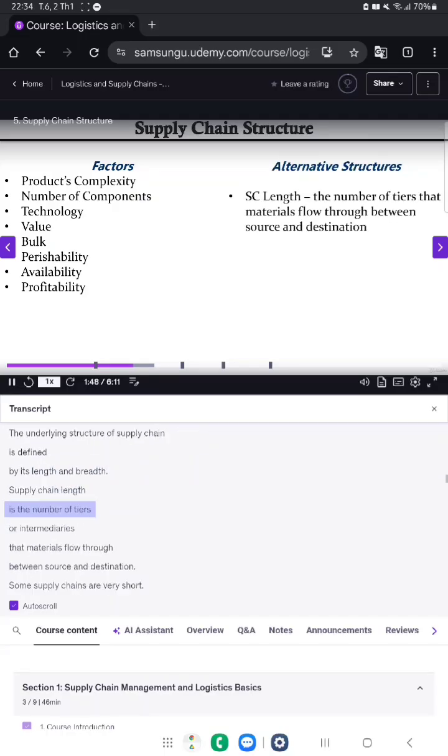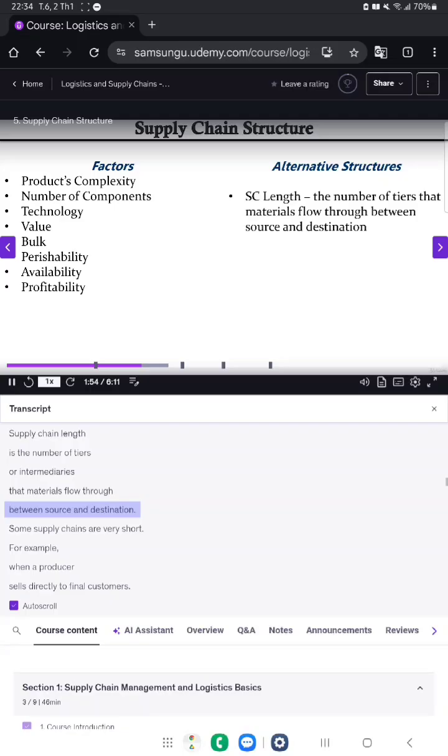Supply chain length is the number of tiers or intermediaries that materials flow through between source and destination. Some supply chains are very short, for example, when a producer sells directly to final customers, and other supply chains are very long, perhaps with intermediaries connecting several stages of manufacturing and distribution through a series of logistics centers, transportation operators, agents, freight forwarders, brokers, and so on.